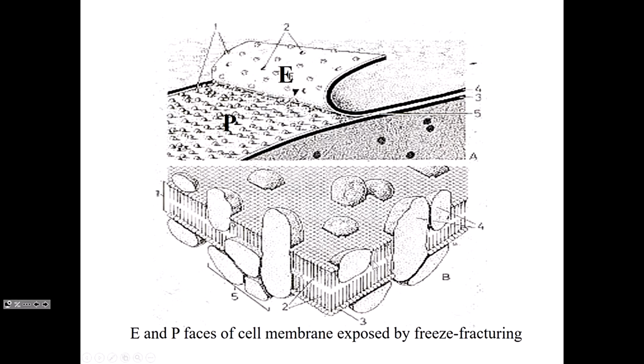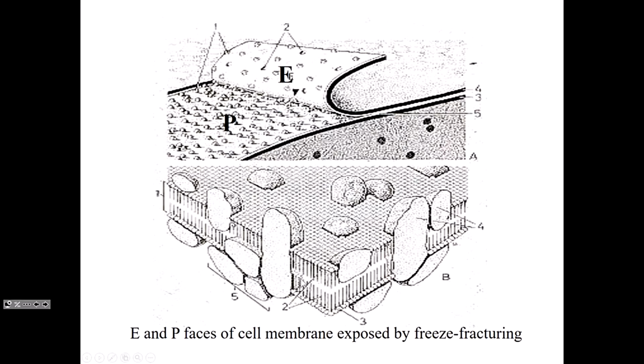So the inner aspect of this external face, you can see these knobs here, which are proteins that have been, like here, projected through the lipid bilayer. Or maybe we cracked this transmembrane protein right across. The P face is the protoplasmic face. That's the other lipid bilayer which makes contact with the cytoplasm.